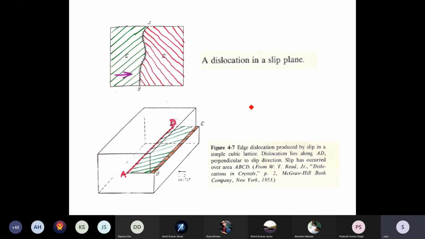A dislocation is a region of localized lattice disturbance separating a slipped region of a crystal from a yet to be slipped region. Let me repeat. A dislocation is a region of localized lattice disturbance separating a slipped region of a crystal from a yet to be slipped or unslipped region of a crystal. Consider a deck of cards.